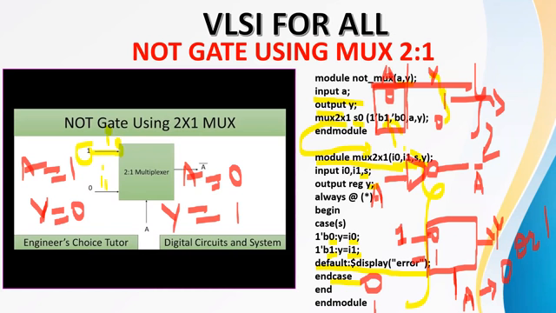And for I1, I'm giving the 0, that is 1'b0, comma, A as input, because the select line is input, right? Here, it was a select line. So instead of select line, I gave S is equal to A. So I have given the select line as A. So I'm declaring the A here, and same Y as the output. Okay. And that is how the circuit works with respect to NOT gate.